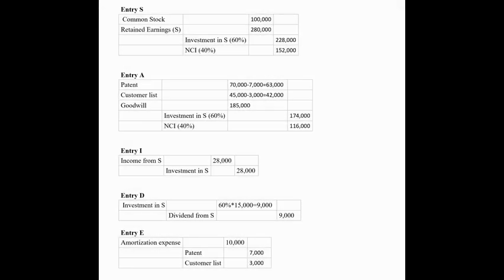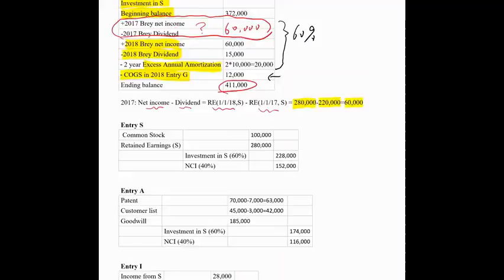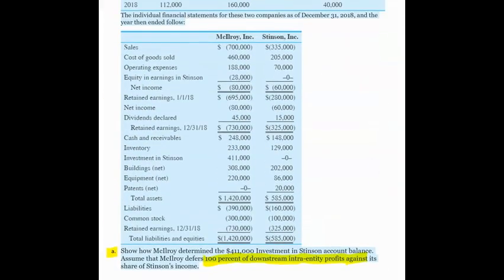Alright, I'm going to use this video to prepare other consolidation entries. The first is entry S. We use entry S to eliminate the subsidiary's equity account balances. We have two. One is common stock. Its current balance is 100,000. The second one is retained earnings. Its beginning balance is 280,000. And both numbers have been provided here in this financial statement.